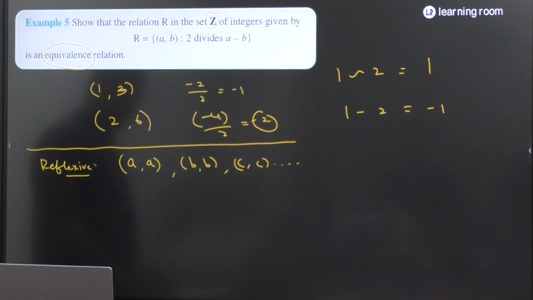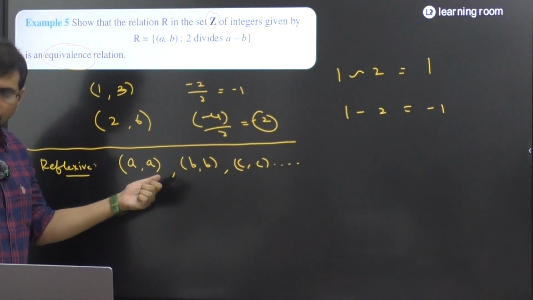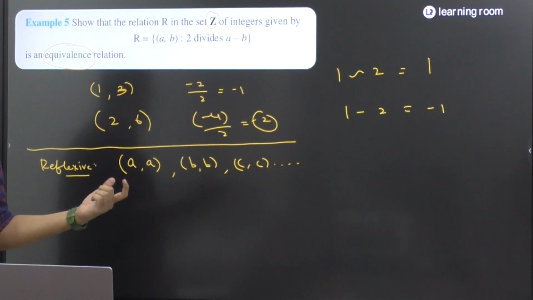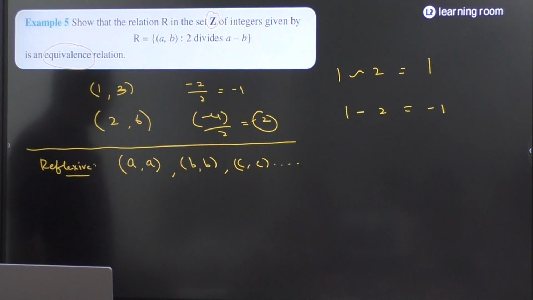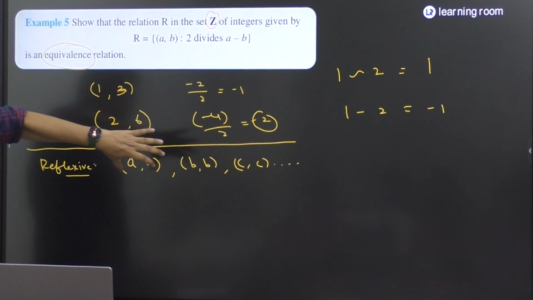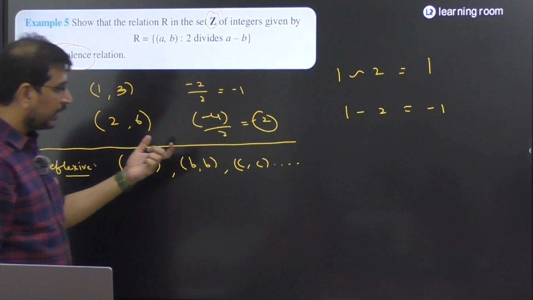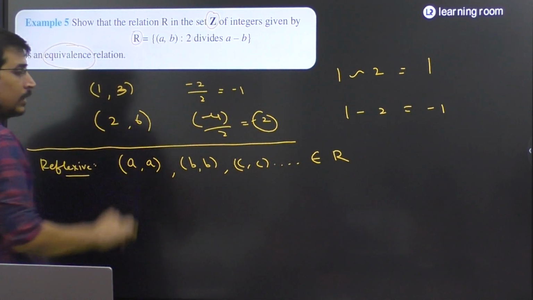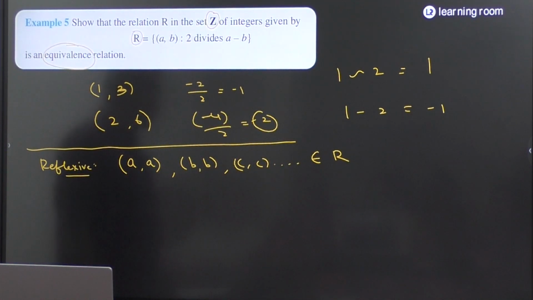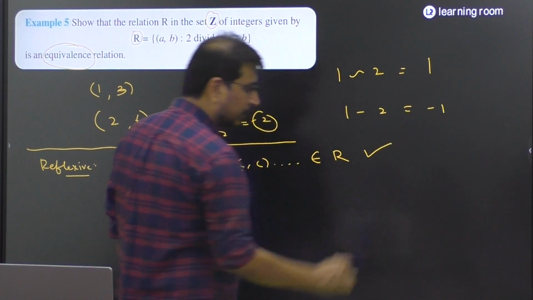Where this is an integer, this is also an integer. So what is the difference between them? 0, and 0 is obviously divisible by 2. Since in this relation I will be able to find these kinds of ordered pairs, since (a, a), (b, b), (c, c), everything belongs to this relation R, I can call it reflexive. Yes, it is reflexive.